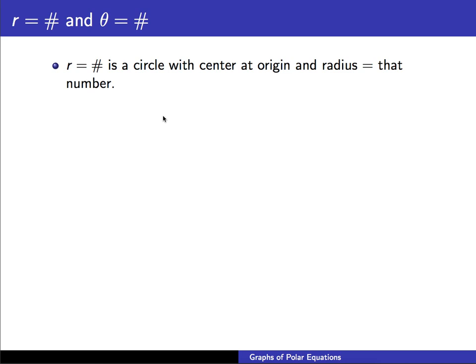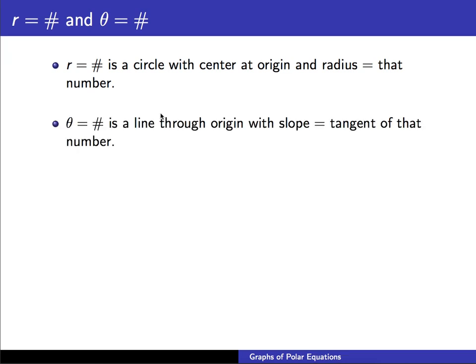For theta equals a number, it's a line through the origin where the slope of the line is the tangent of that number. So again, r equals a number is a circle centered at the pole with a radius equal to the absolute value of that number, and theta equals a number is a line through the pole where the slope of the line is the tangent of that number.